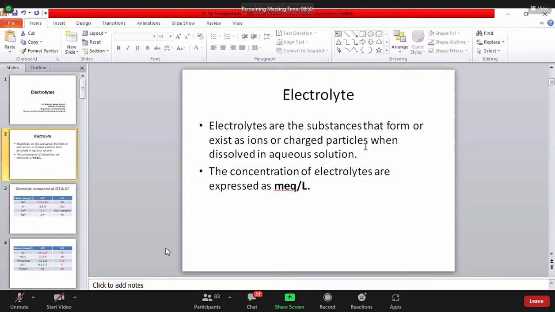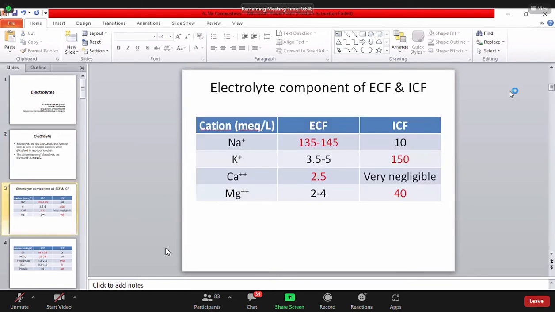Another important question is, what are the major cations and anions in ECF and ICF? What are the major cations in ECF? Sodium and potassium.